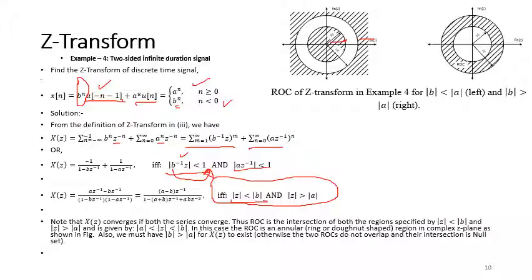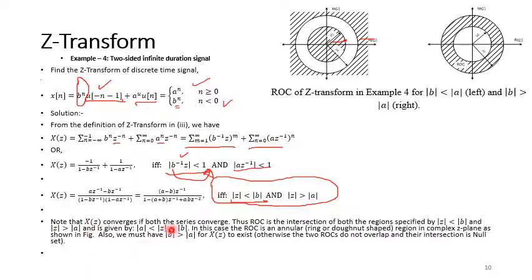So X of z will converge only when both the series converge, that is the left-sided one and the right-sided one. Thus the ROC is the intersection of both of the regions specified here, the left-sided sequence and the right-sided sequence, right?